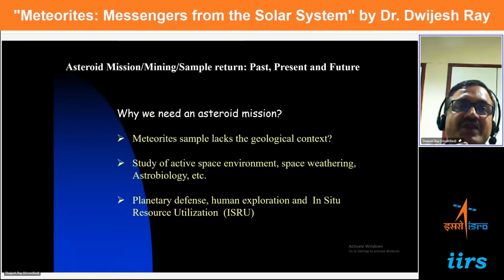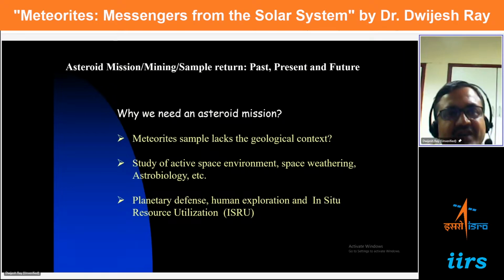So we need to study the asteroid, to see what kind of parent body is there, and also we need to study the active space environment, the space weathering effect. There is a continuous bombardment of meteorites, so we need to study them, and we need to study astrobiology in the active environment. This is only possible when we have in situ measurement in a planetary mission to an asteroid.